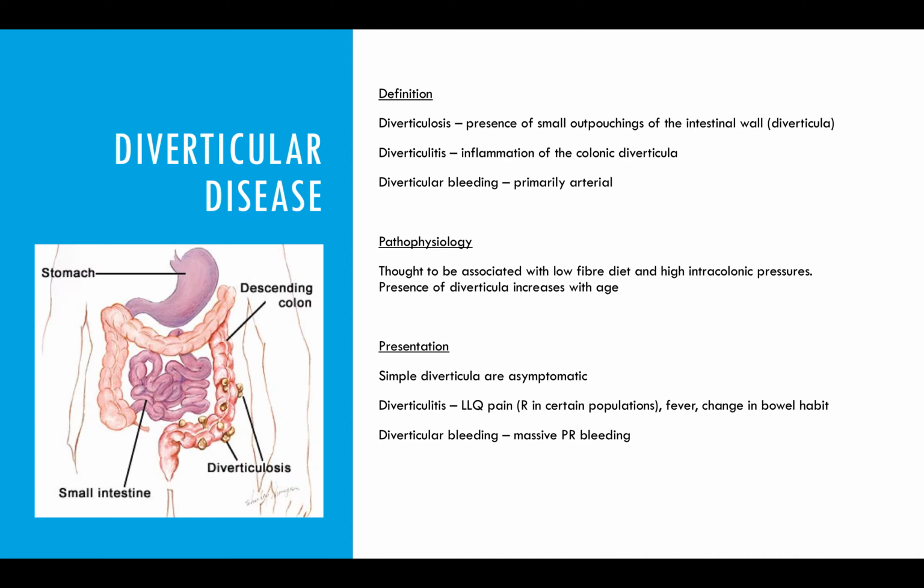Diverticulosis is often associated, we think, with a low fiber diet and high intracolonic pressures. So patients who have constipation and lots of straining are more likely to have diverticulosis. It's more common with age, and most people above the age of 60 or so have some sort of diverticular disease. It's just dependent on how much they have and how bad it is.